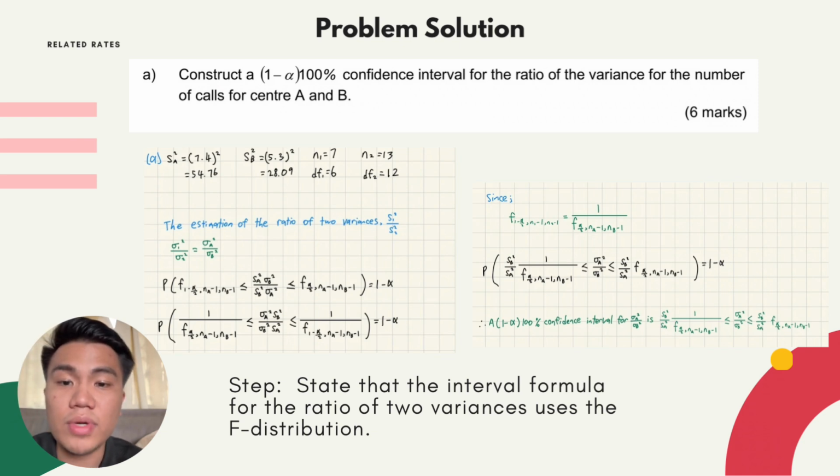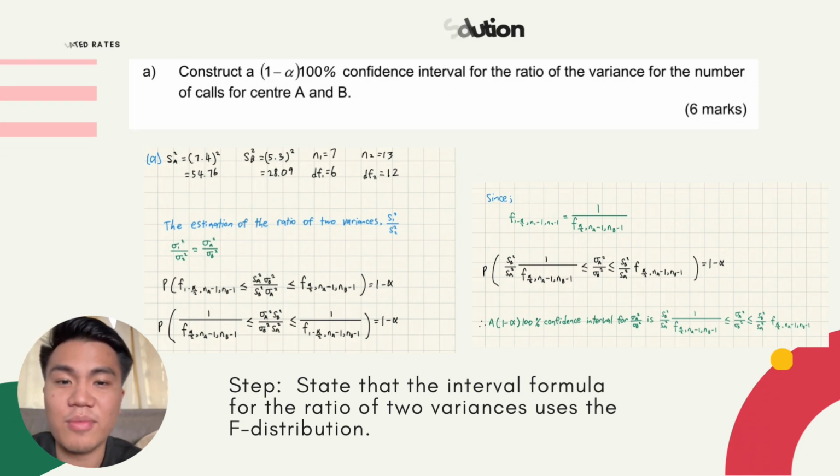The lower bound is SA square over SB square times 1 over F alpha over 2 and A minus 1 and B minus 1, and the upper bound is SA square over SB square times F alpha over 2 and B minus 1 and A minus 1.